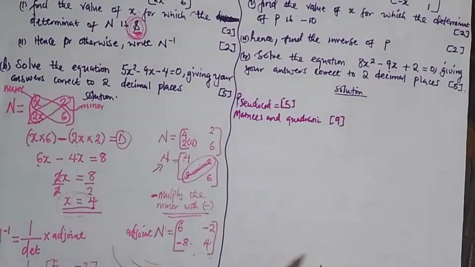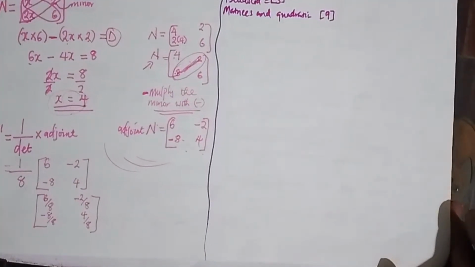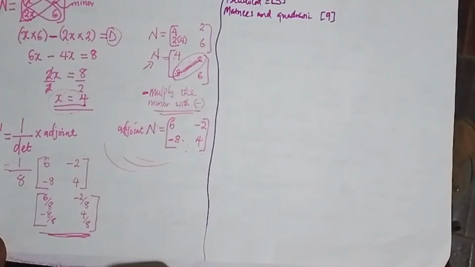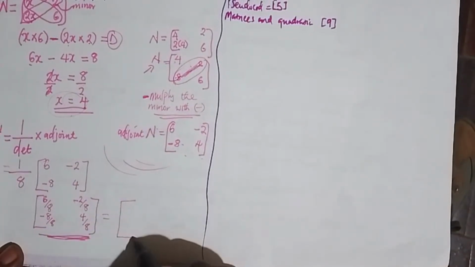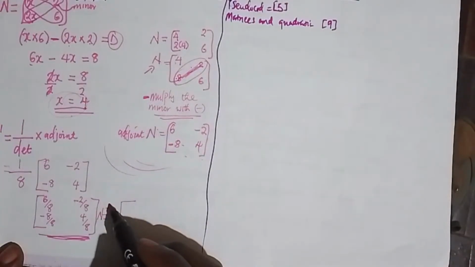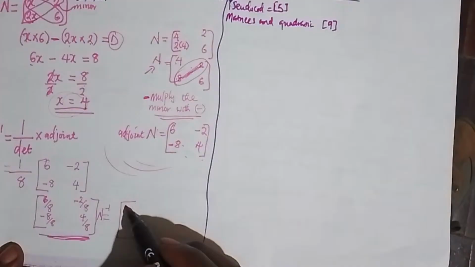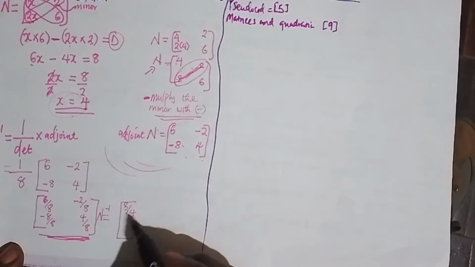So if you want, you can leave your answer here. They can mark you. But if you have time, you can simplify it. So if we simplify, our N inverse will be: 2 into 6, we have 3, then 2 into 8, we have 4.